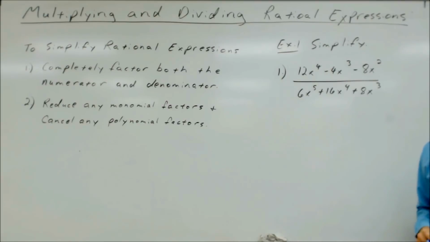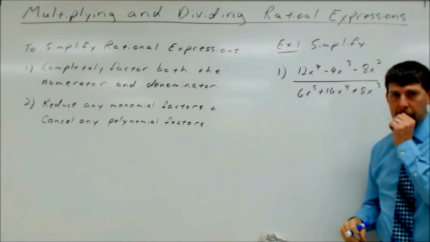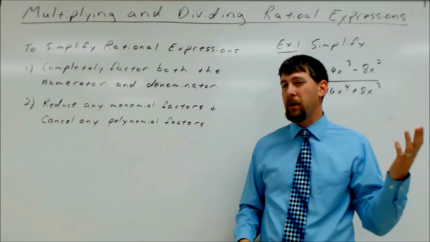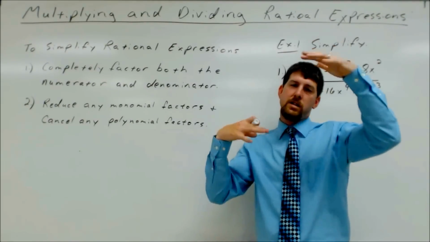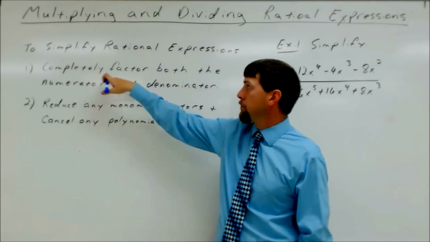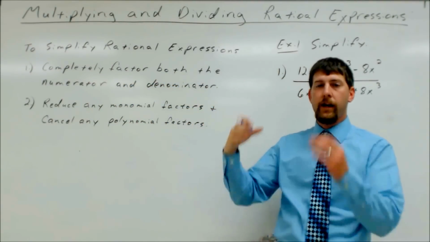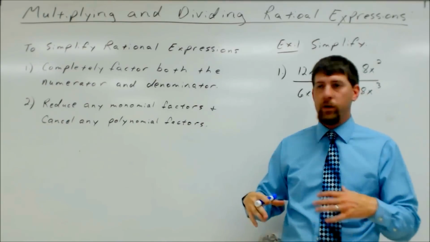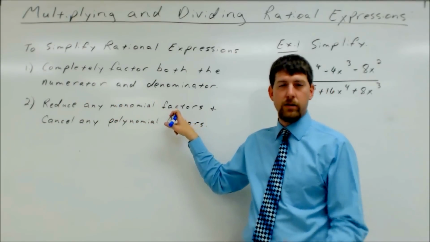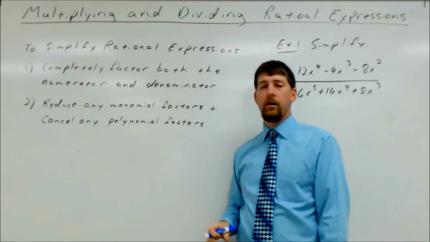This is what we mean when we're talking about a rational expression. It's a fraction, it's got a polynomial in the denominator. To simplify a rational expression, just like we talked about with the fractions before, we want to see what's in common in both the numerator and denominator. So we're going to start by completely factoring both the numerator and denominator. Once we've done that, whatever factors are in common, we can cancel out. So I'm going to reduce any monomial factors, that would be like common factors that we pulled out. And then we're going to cancel any polynomial factors.